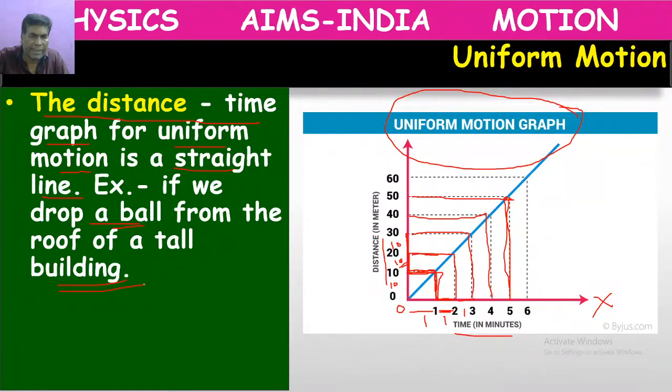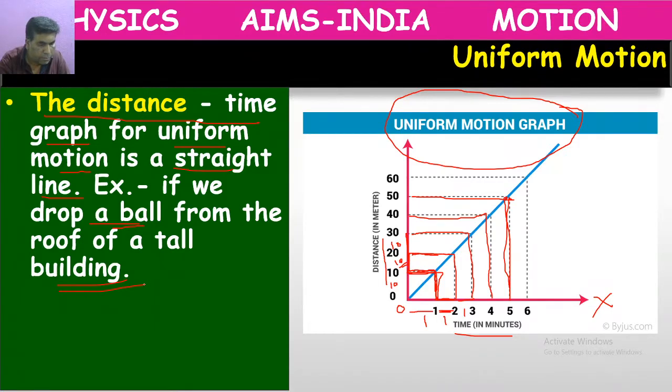We can change the speed. If we keep it on 2, at that particular speed, it will travel in a uniform manner. Anything which covers equal distances in equal intervals of time is an example of uniform motion.